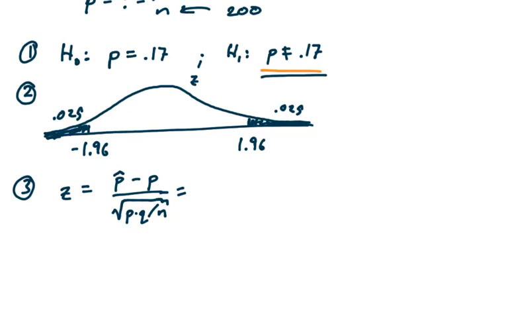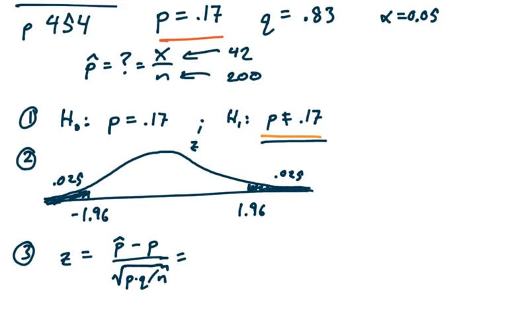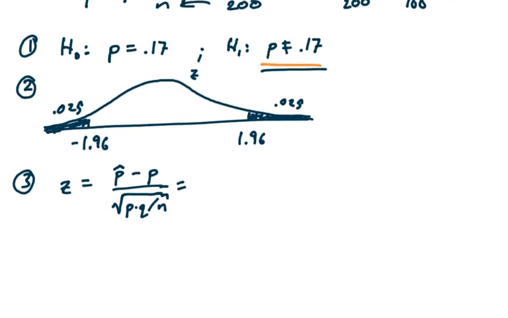Here I didn't show the work, but 42 divided by 200 reduces down to 21 over 100, just dividing by 2, and as a decimal, that's 0.21. So our sample proportion, p hat, is 21%.